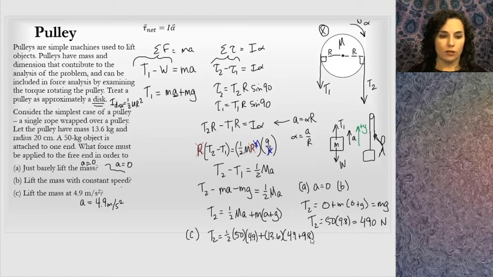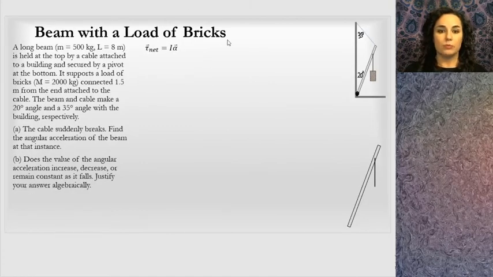You can take all those terms and multiply them together and plug them into your calculator, and you get the force, this T2, that the person has to apply is 741.664 newtons.